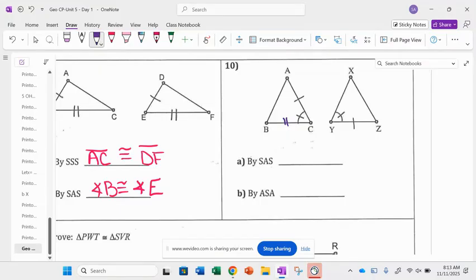So if this is angle A, right? Don't look at him, look at me. If this is angle A, it's two sides that come together. So segment BA and segment AC come together and they form this angle. Yes? Okay. So when I say what two sides make the angle, in here, what two sides make this angle? What sides make the angle?